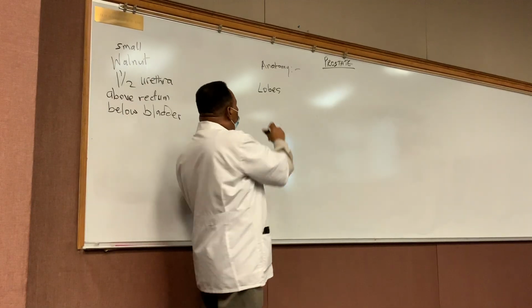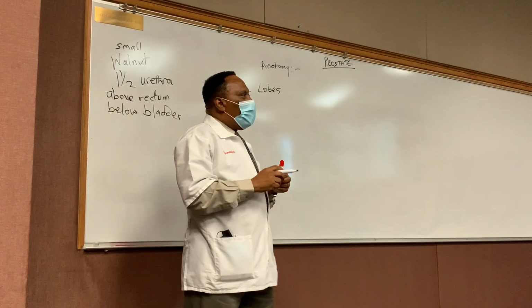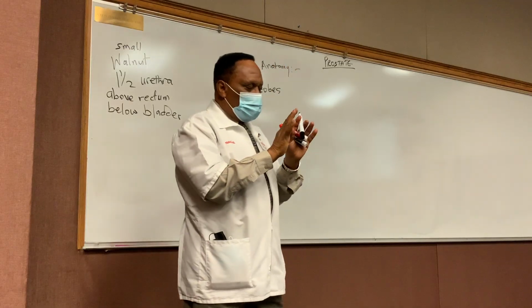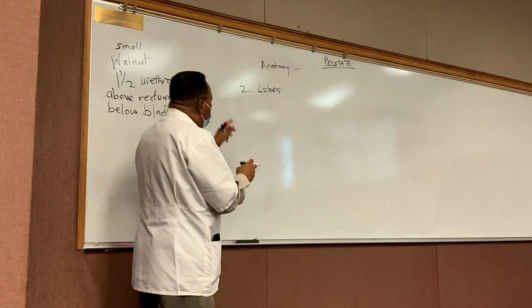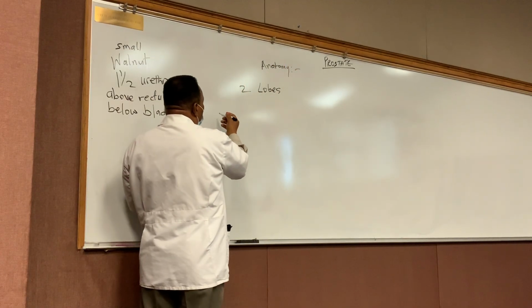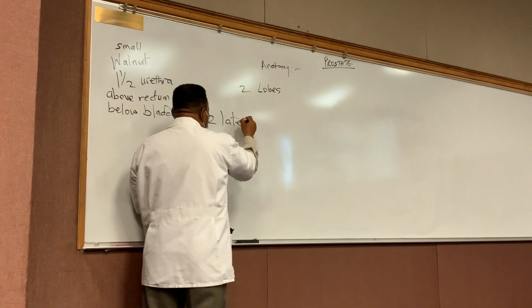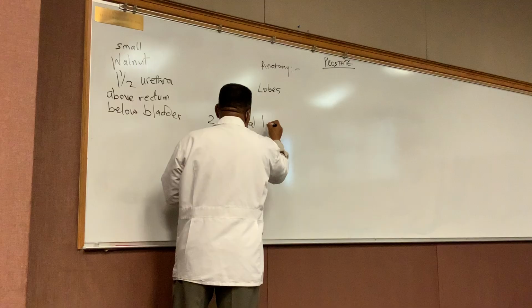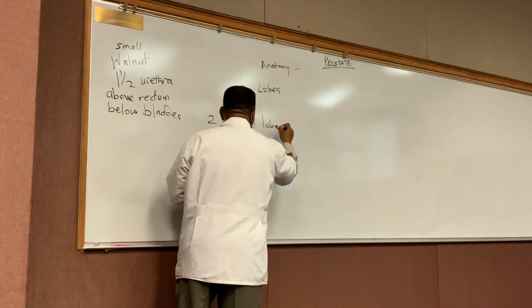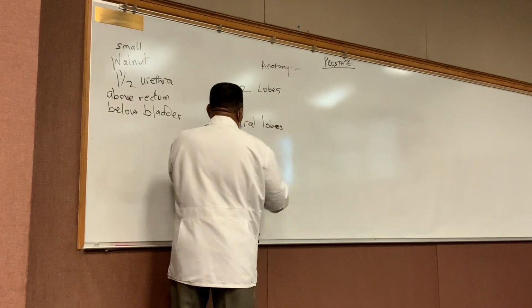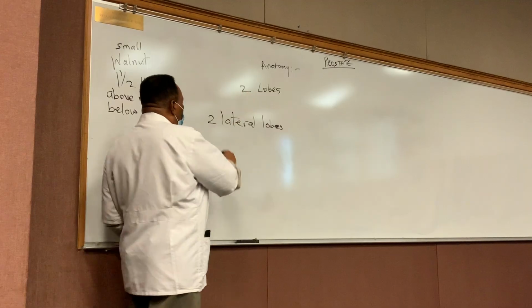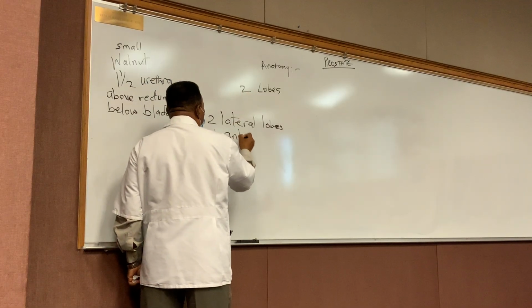And you say it has 2 lobes, mainly because those 5 lobes, you have 2 lateral lobes. You have one anterior and one posterior.